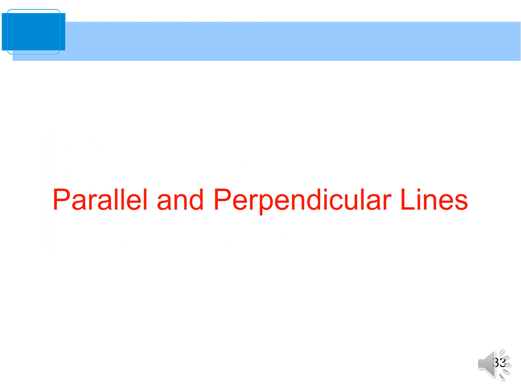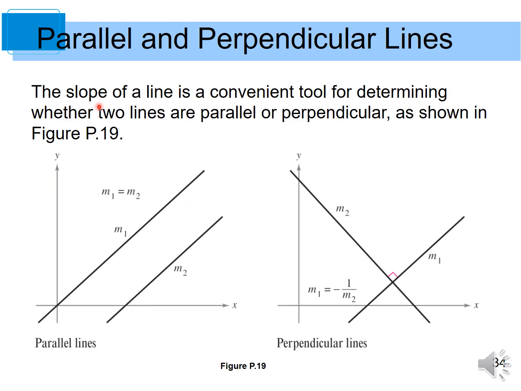So this is a summary of the equation of a line. The last objective. The slope of a line is a convenient tool for determining whether two lines are parallel or perpendicular. We say these two lines are parallel because the slope of the first line and the slope of the second line are the same.